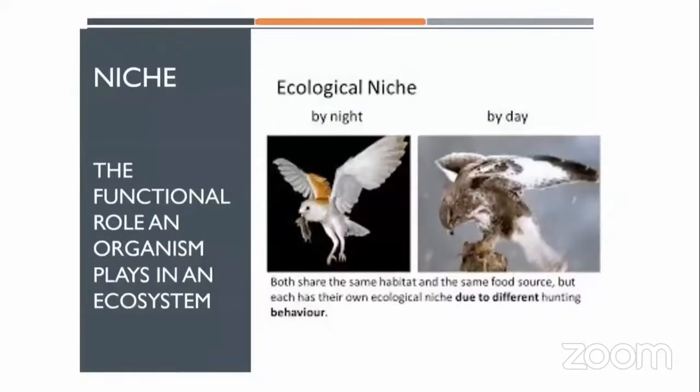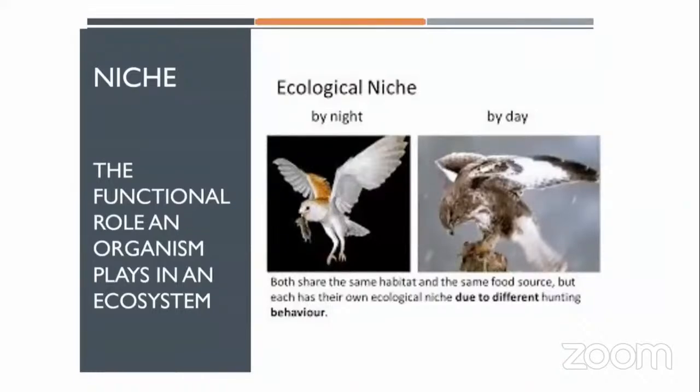Then ecological niche. This is another important concept: the functional role an organism plays in an ecosystem. You can see two examples here. First one is at night, second one is day.